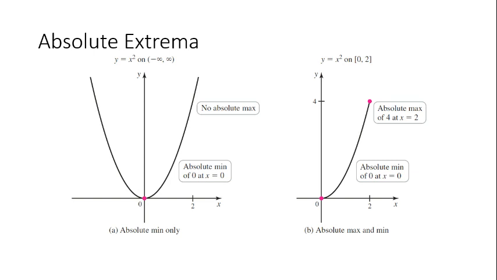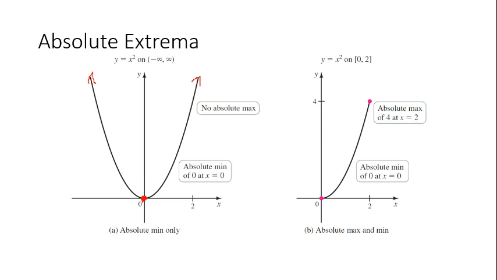So if you have, let's say, an open interval, your absolute extrema are not necessarily guaranteed, but some graphs have one, some graphs don't. So for example, y equals x squared on its domain negative infinity to infinity, it does have an absolute minimum. Y equals x squared has this vertex here at 0, 0. So what that means is there is no point on the graph of y equals x squared that is lower than that vertex.